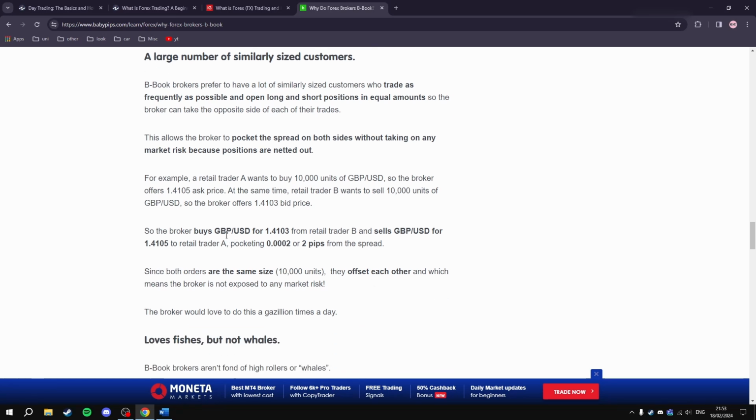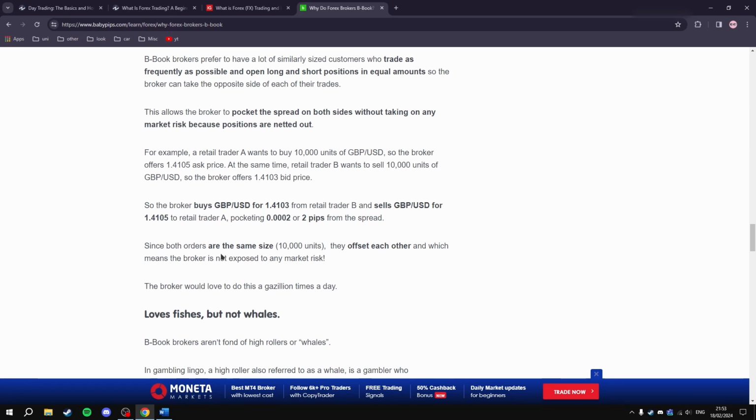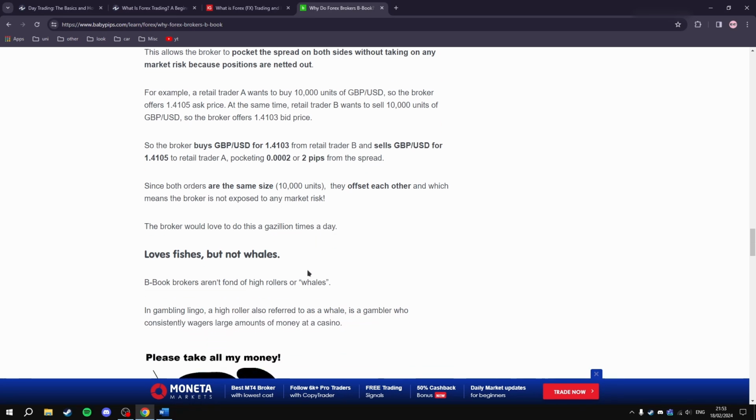So the broker buys GBP/USD for 1.4103 from retail trader B and sells GBP/USD for 1.4105 to retail trader A, pocketing 0.0002 or 2 pips from the spread. Since both orders are the same size, 10,000 units, they offset each other, which means the broker is not exposed to any market risk. The broker will love to do this a gazillion times a day.